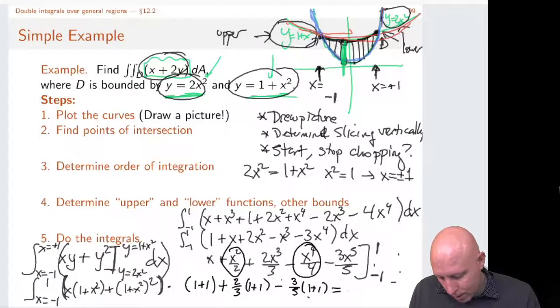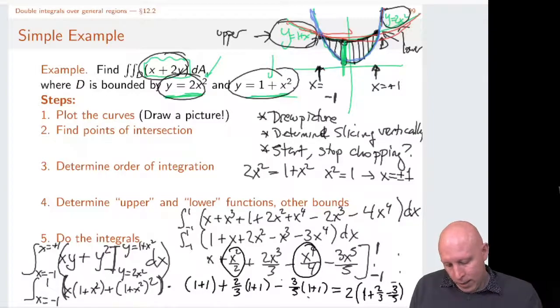So in the end, we get 2 times 1 plus 2/3 minus 3/5. How many 15ths do we have? We have 10 15ths minus 9 15ths. So we get 2 times 16 over 15, or 32 15ths.